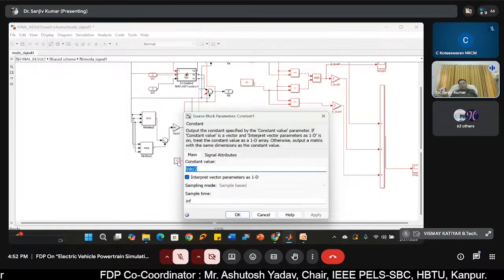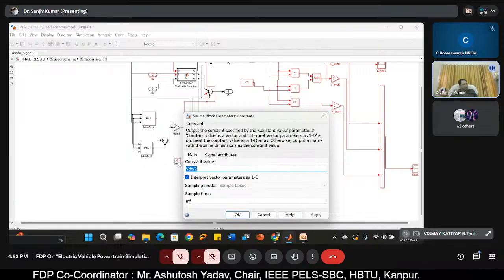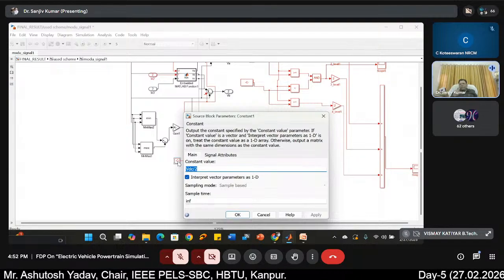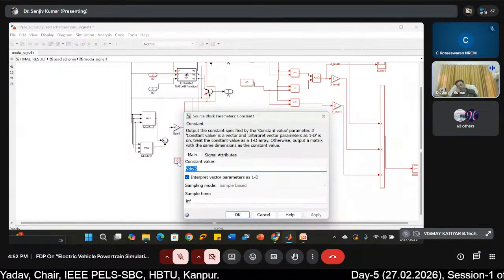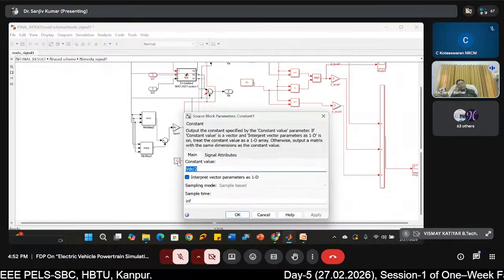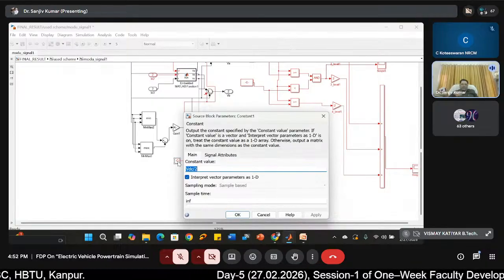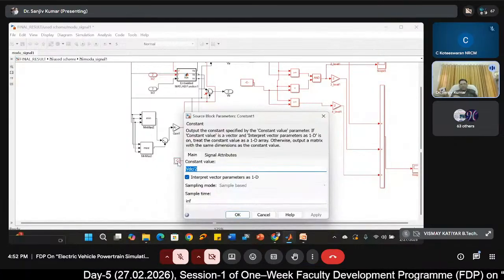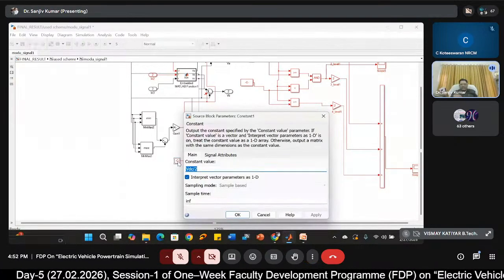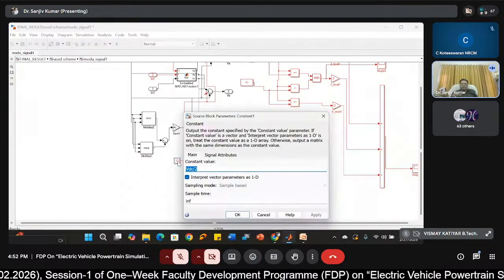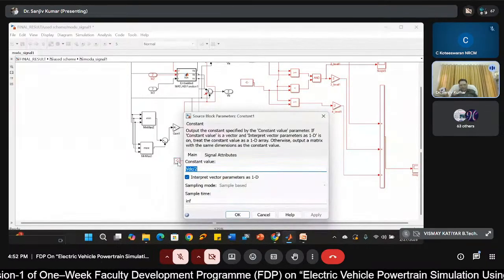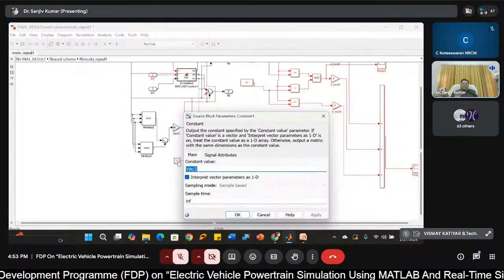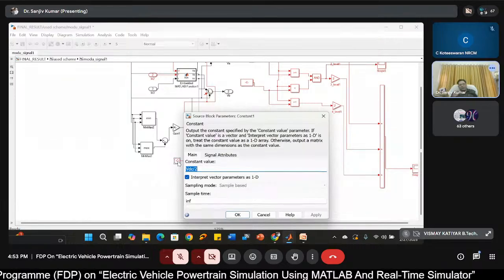Those who are working in the field of power electronics know that when we do the modulation, we simply put the sine wave in the middle of the triangular carriers. Let us say we have an n level inverter, so we would have n minus 1 triangular, let us say it is 9 level. So you would have 8 triangular. Now you put your sine wave in the middle of these.